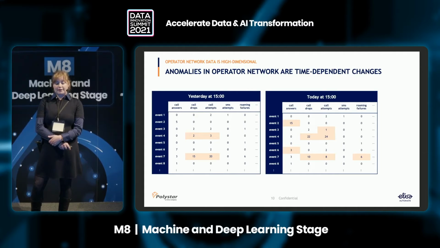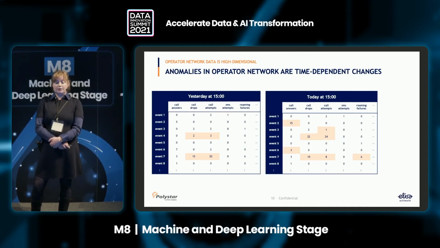Basically we have the cells or locations, the time points, the subscriber category, the traffic category, a lot of things that we can use to identify them, but these labels do not indicate whether it is an anomaly or not. We have as dimensions, which also vary depending on which part of the network you have obtained your data from, in this example call answers, call drops, call attempts, some things that we want to record from the subscribers when they generate these signals.